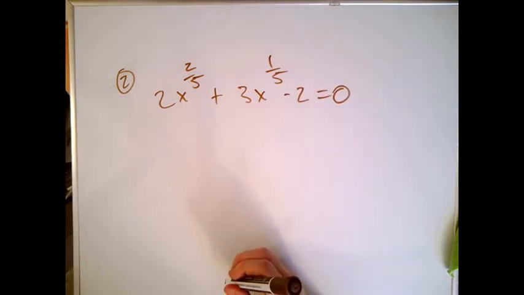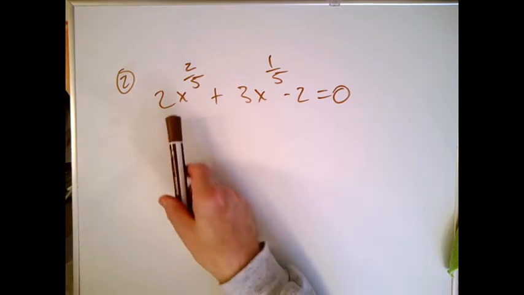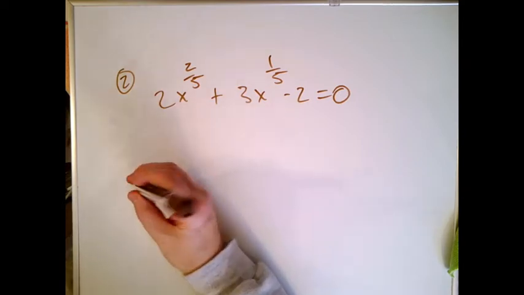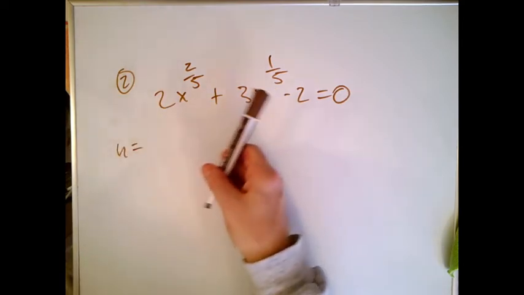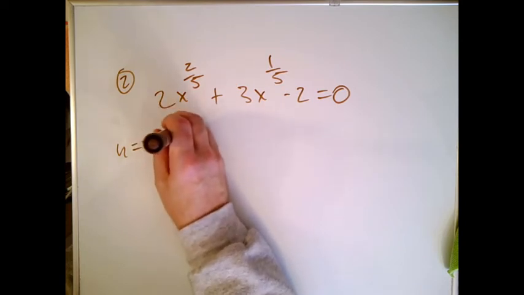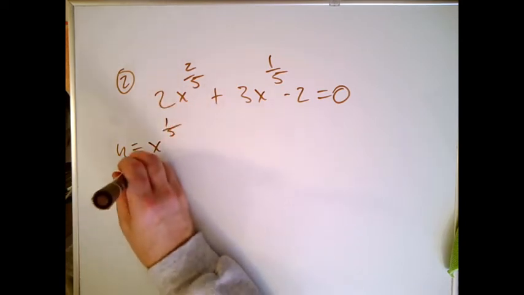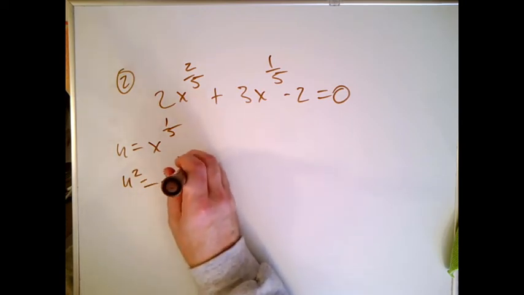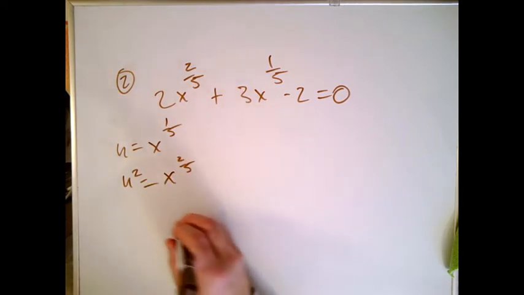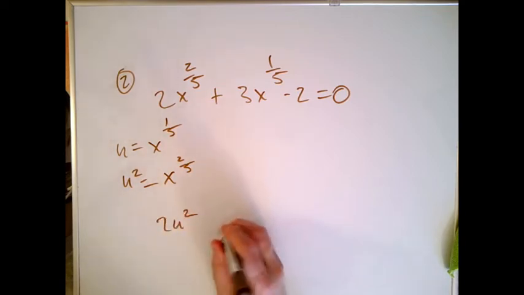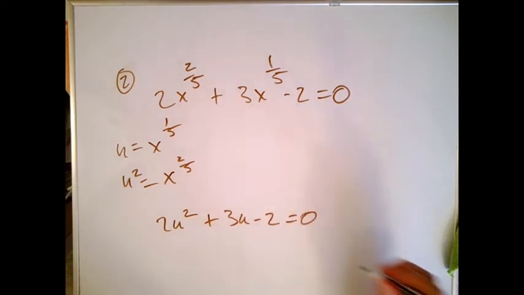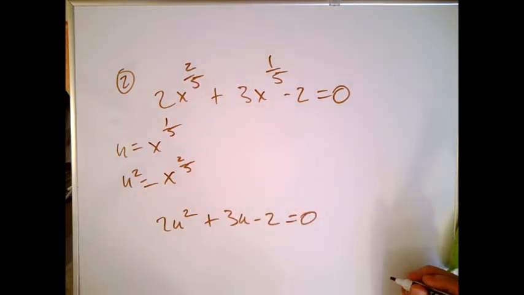Clearly that's not a quadratic equation, but once we realize that x to the 2/5 is just x to the 1/5 squared, we could make a substitution. We can just say u is equal to x to the 1/5, and then if I square both sides, I'm going to get u squared equals x to the 2/5. So what I'm going to get here is 2u squared plus 3u minus 2 equals 0, which is a quadratic equation. And from this point forward, we can solve this like a quadratic equation.